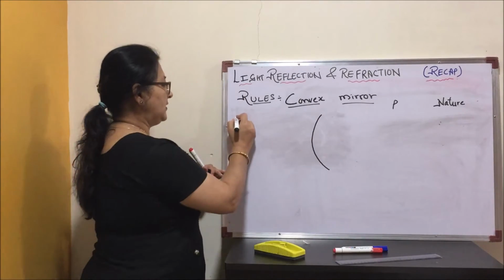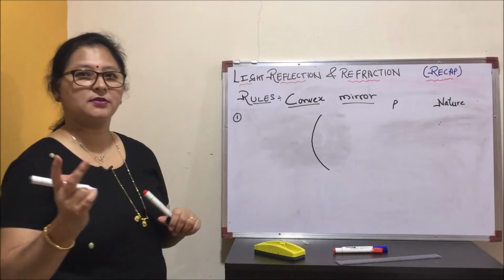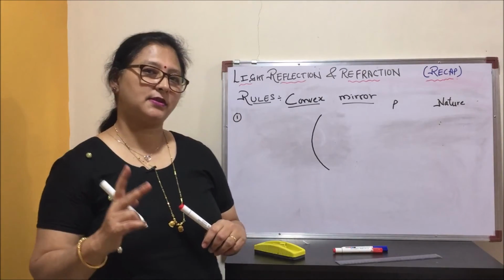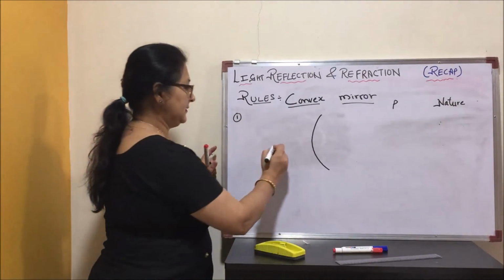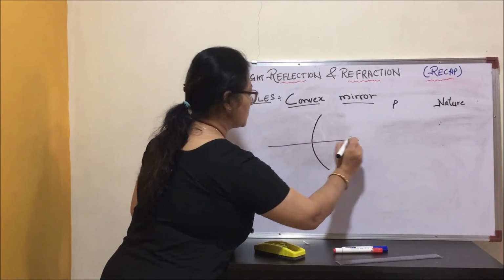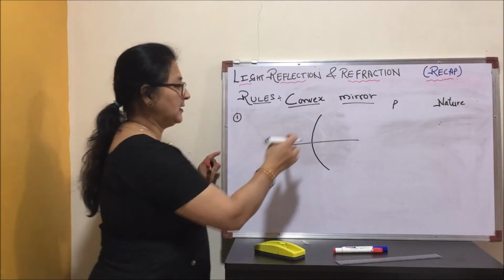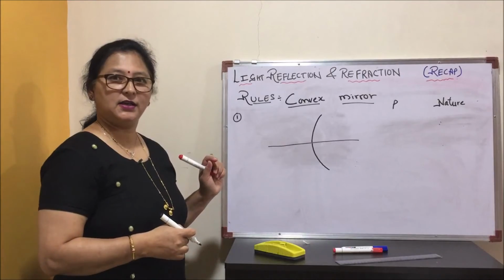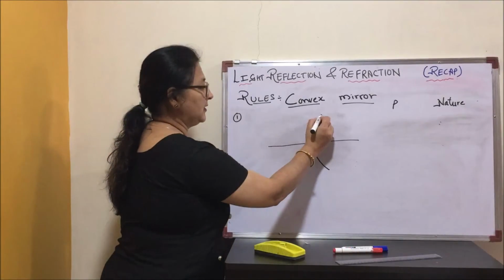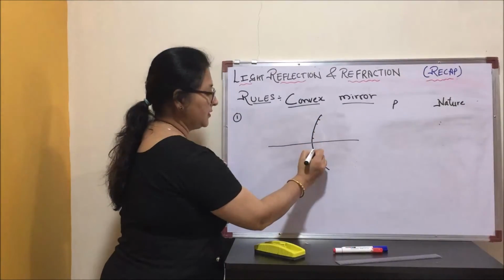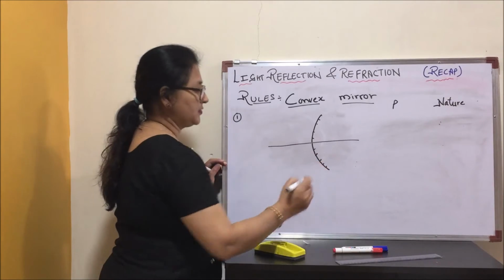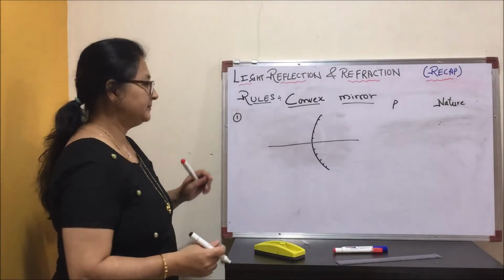Clear? Only two ray diagrams are there in your syllabus regarding convex mirror. Clear? So this is my convex mirror. The bulged part is the reflecting part and the inner part is the polished one. So you have to mark like this, right?